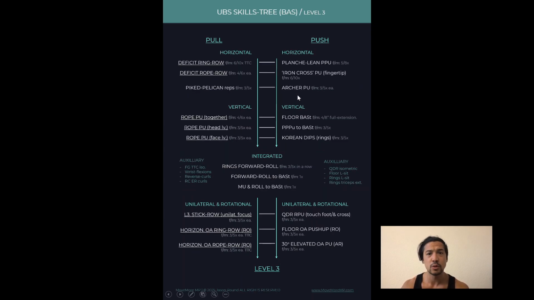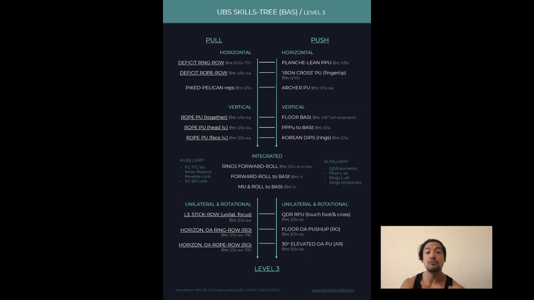And as I move forward here at level 3, if I can perform a ring row at a deficit, so a decline angle, for say 6 repetitions as a female, I should feel that I can comfortably perform a planche lean protracted push-up for 5 reps as well. And that would ensure that I'm kind of equal in these areas.